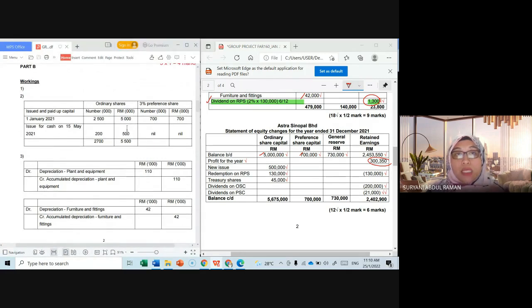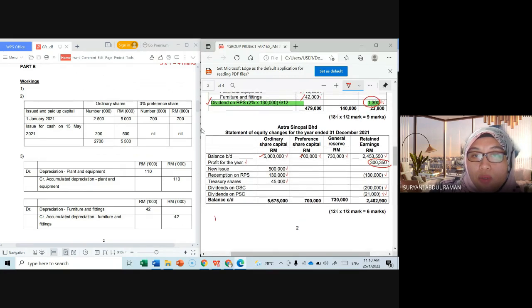Okay, you showed me. But actually if you do the double entry, we will see in more detail the money coming in or going out. What I mean is that when you sell shares, you will get money, debit bank. Okay, 200,000 units times RM2.50, so you will get 500,000. Right? 500,000 ringgit, right?